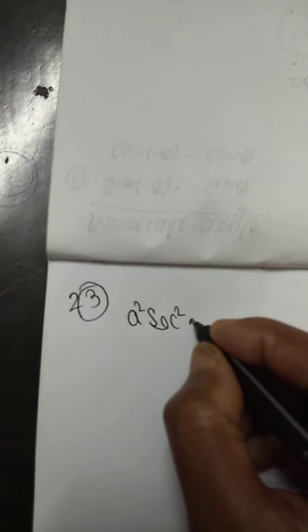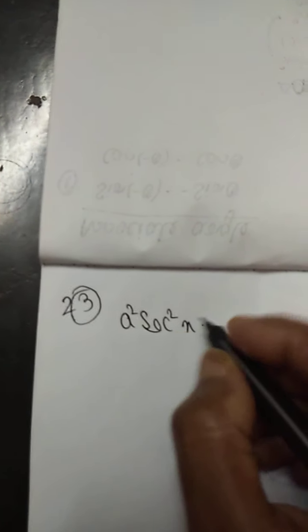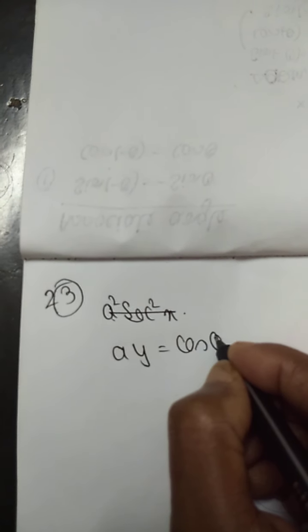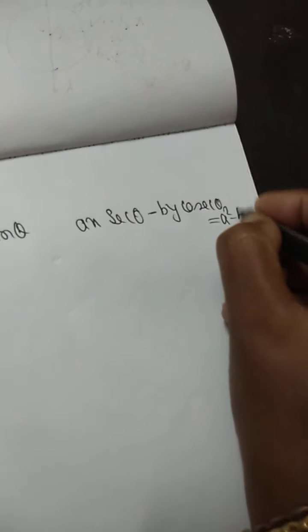This question says that if a y cos of theta is equal to b x sine of theta, and next one is a x sec of theta minus b y cosec theta is equal to a square minus b square.